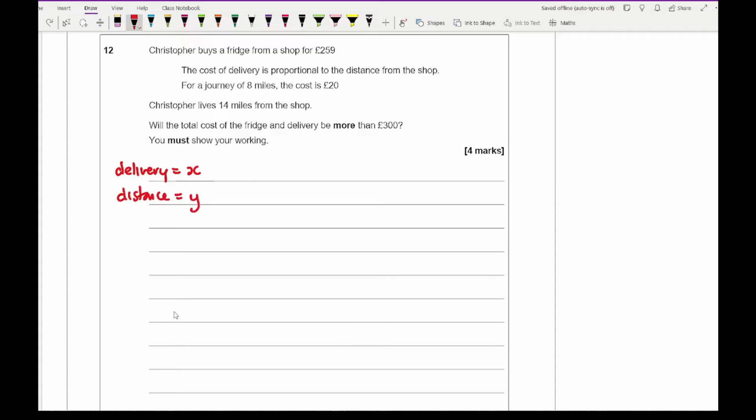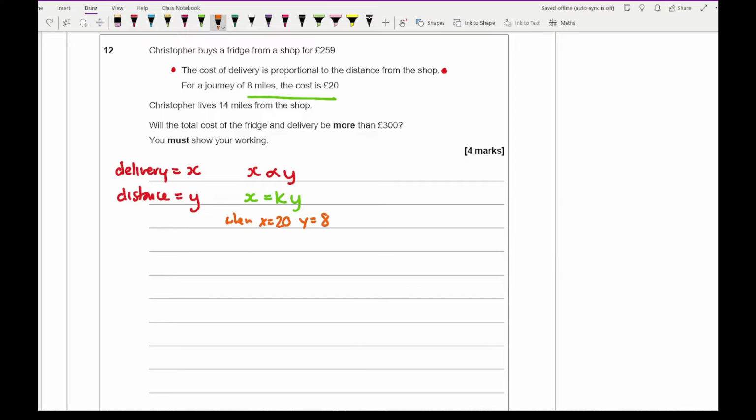So looking at this statement, we can say that x is proportional to y, and then it turns into a direct proportion, so I can change that proportional symbol to equal k, and then I'm going to use these two numbers to work out what k is. So when y equals 8, x is 20.